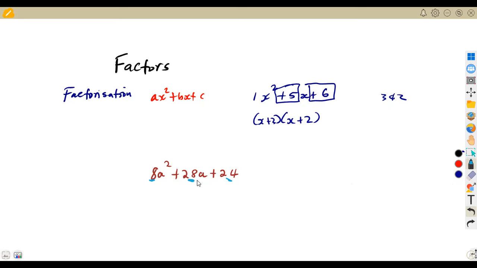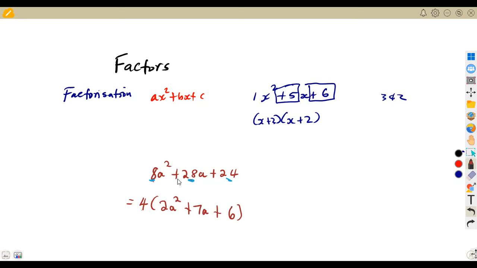So we are supposed to factor out a 4. The moment you are factoring out a 4, we simply divide: 8 divided by 4 is 2a squared, 28 divided by 4 is going to be 7, and 24 divided by 4 is going to be 6.